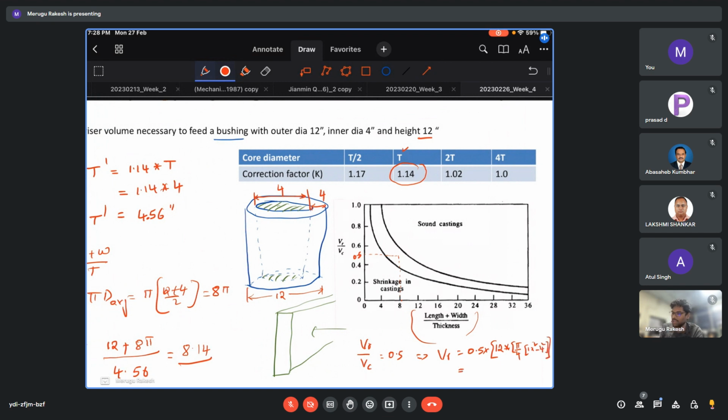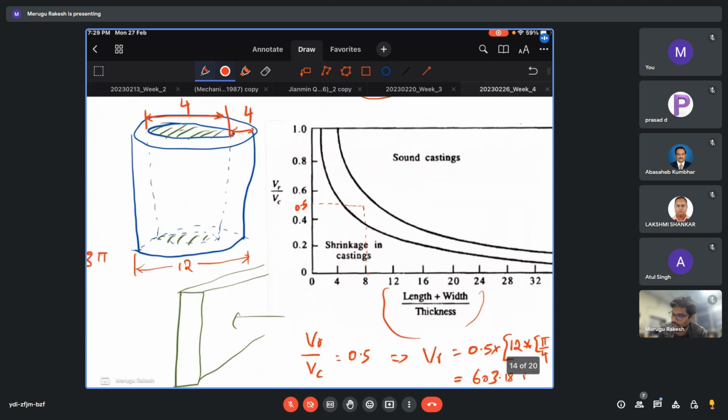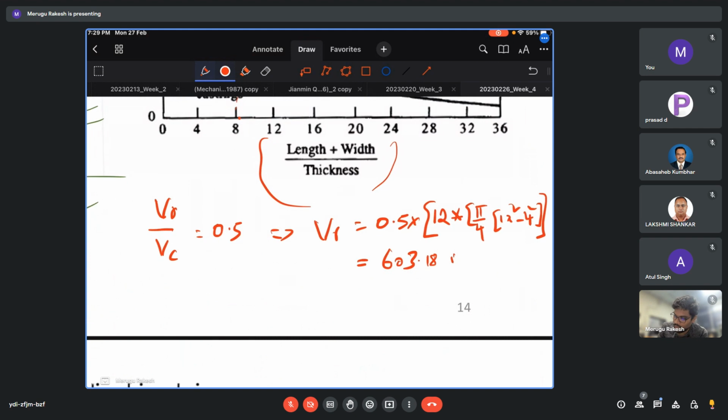If you do this, you will get the volume of the casting. So I'm getting 603.18 inch cube. Okay. Volume of the riser.